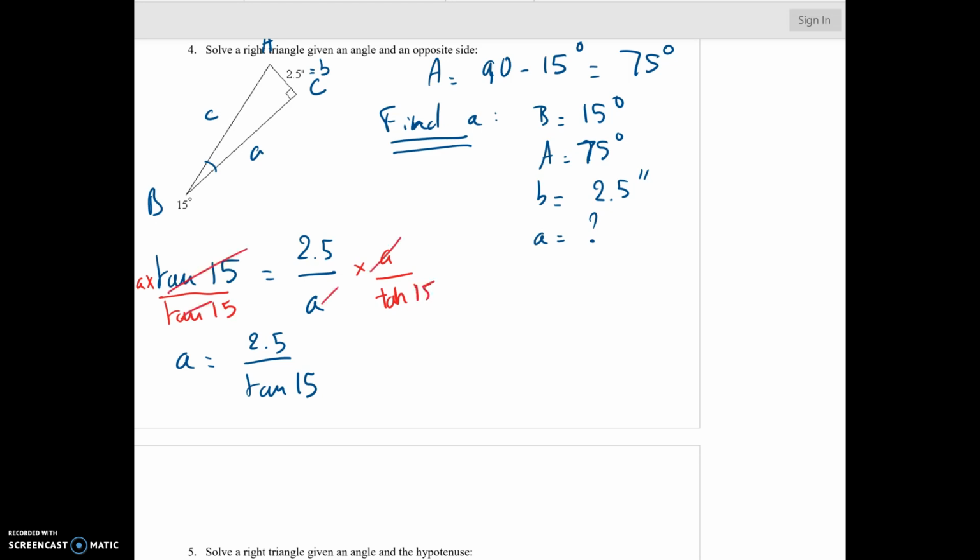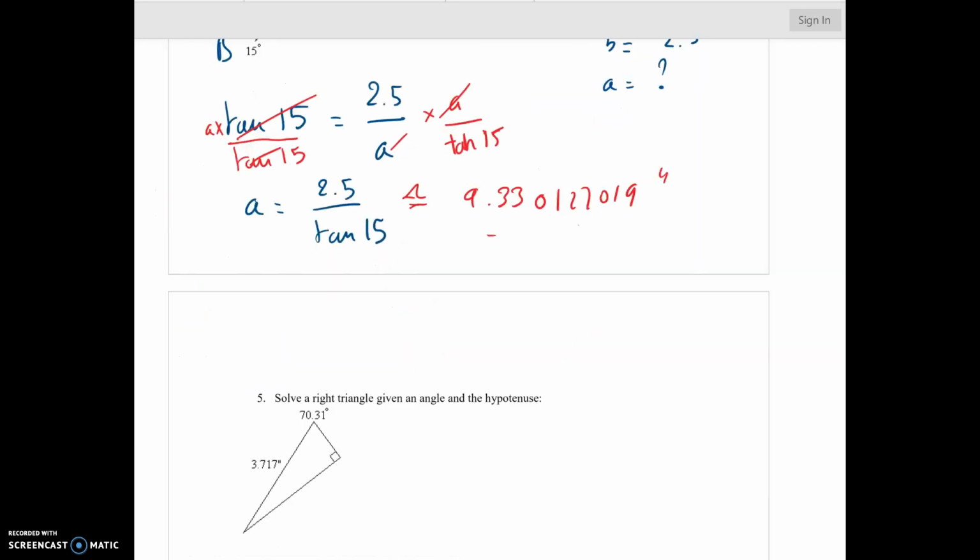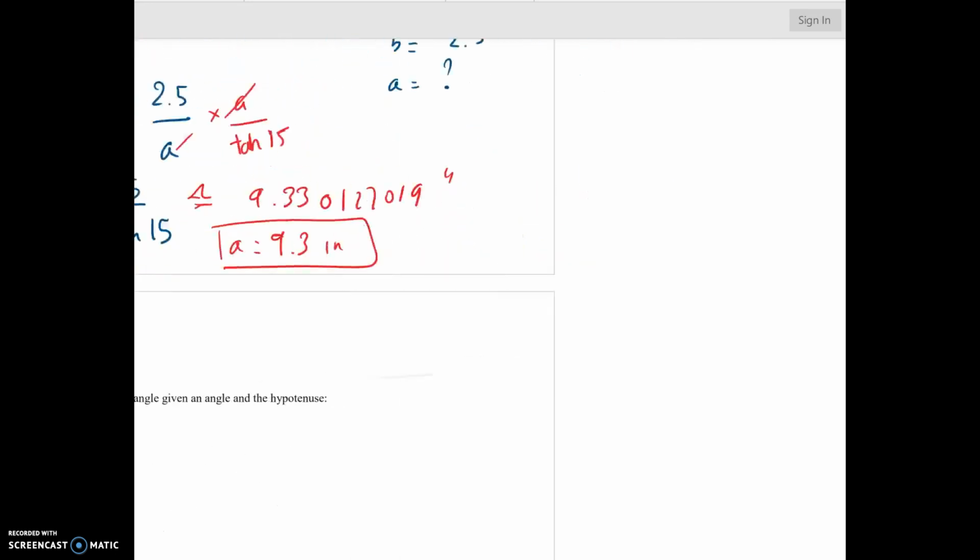So A will be standing by itself. The answer is A equal to around 9.33012719 inches. If I take into account the number of significant digits, I'm going to write that A equals 9.3 inches.